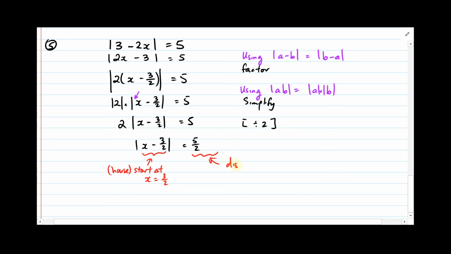The distance that I will move is 5 over 2, left or right. So in drawing my number line, I know all of you love, I know you hate fractions. Since these are convenient decimals, I'll write the decimal form.